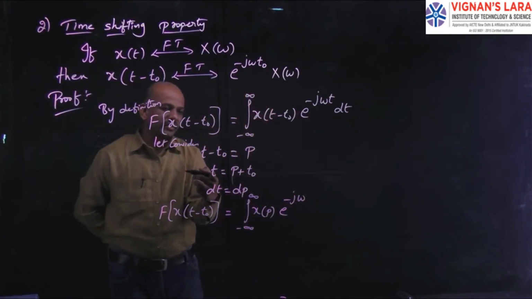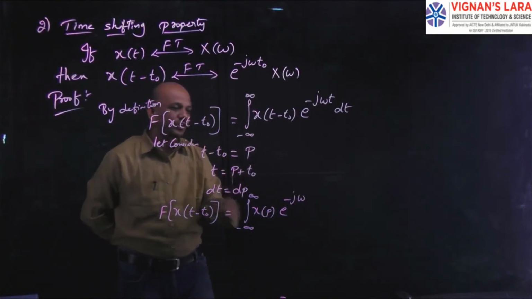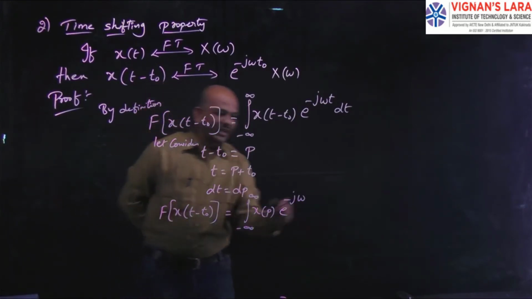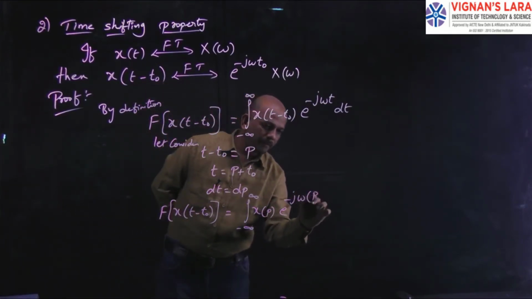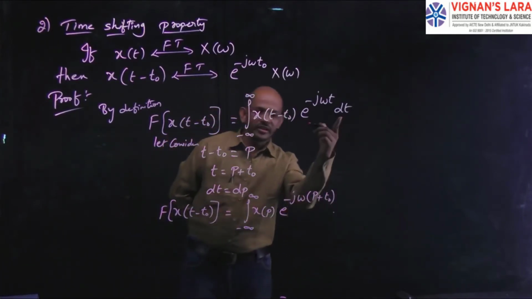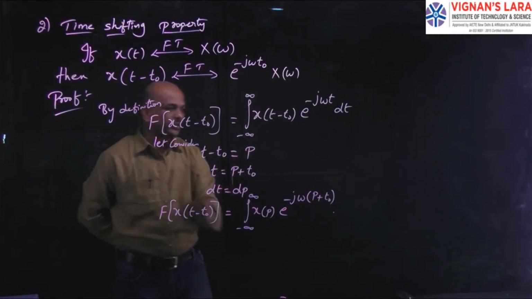Since t is p plus t naught, and as I consider t minus t naught equal to p, dt will be converted to dp.